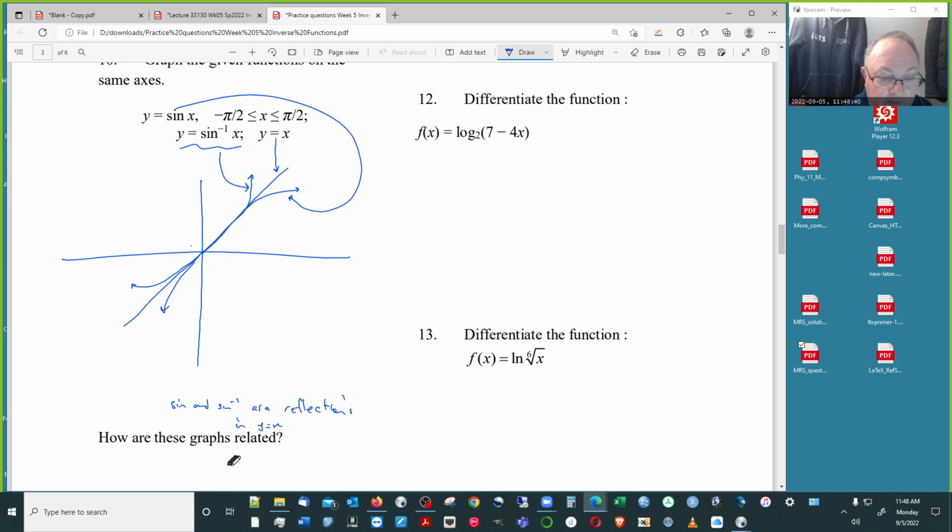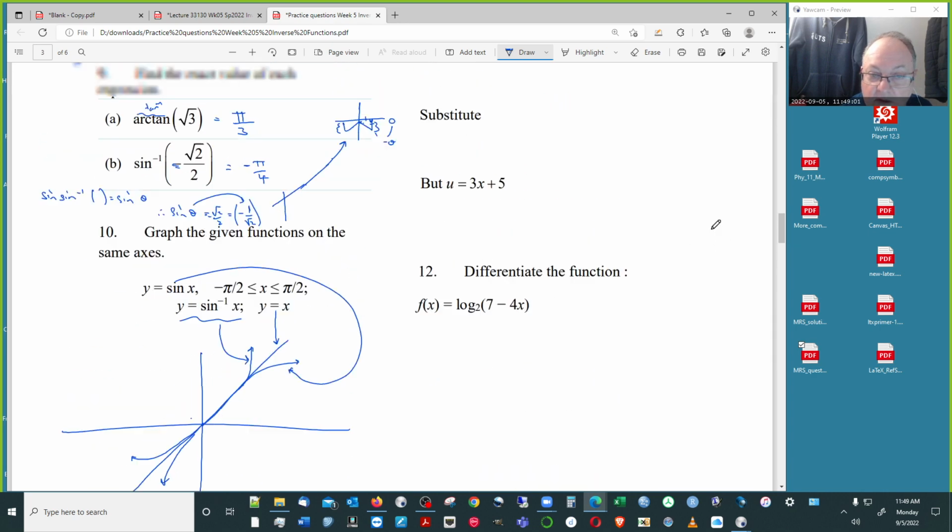They're inverses. I mean, it's a pointless statement because you're given it, but yes, sine to the minus 1 is the inverse of sine. That's a geometric interpretation, that's all.